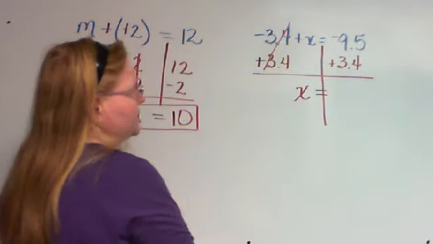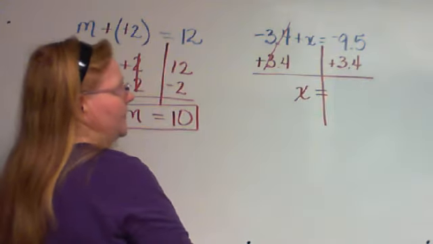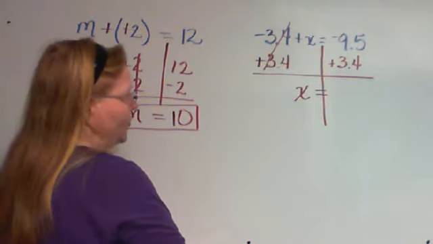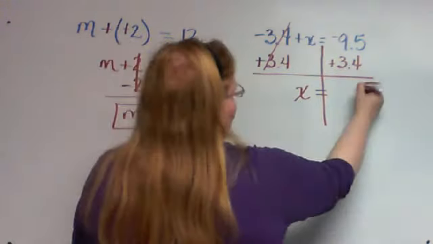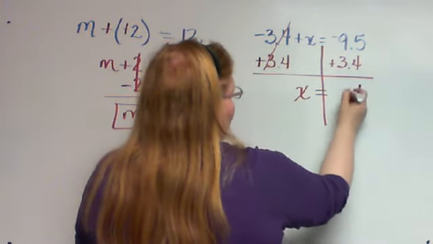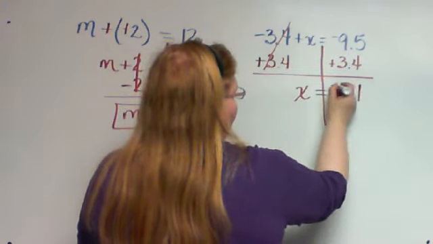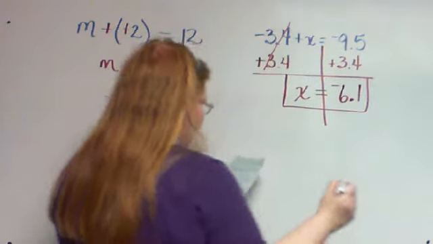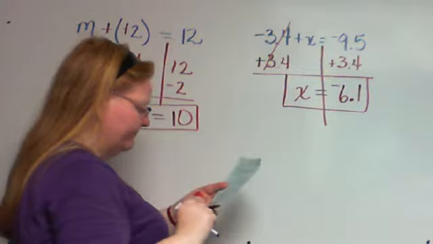And I get x is equal to negative 9.5 and a positive 3.4. Different signs mean you subtract and keep the sign of the larger number, so you get a negative 6.1. Hey, look, I'm right.